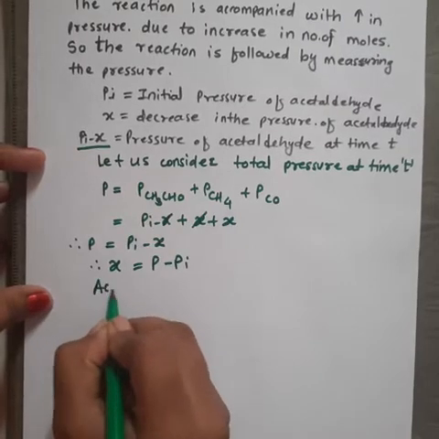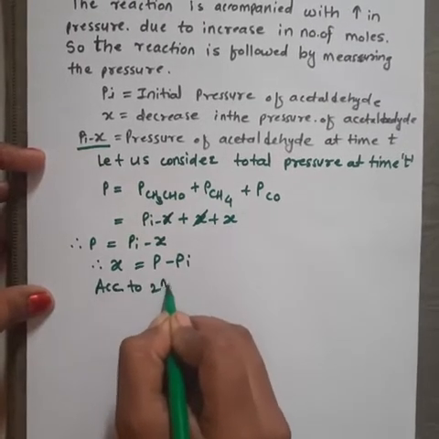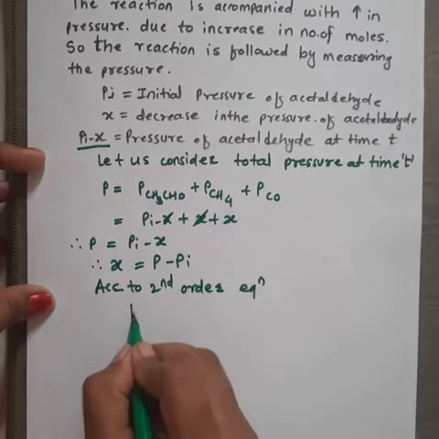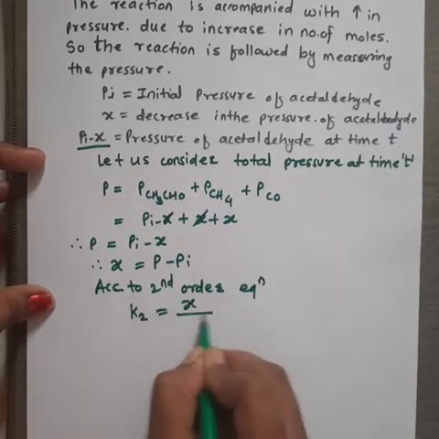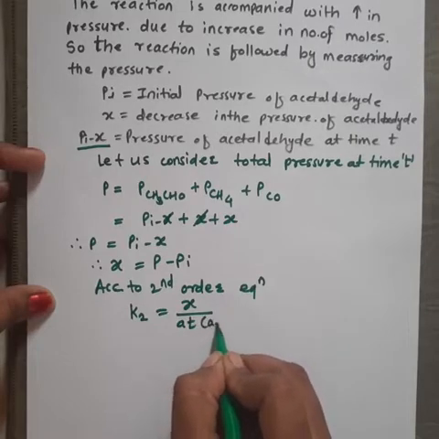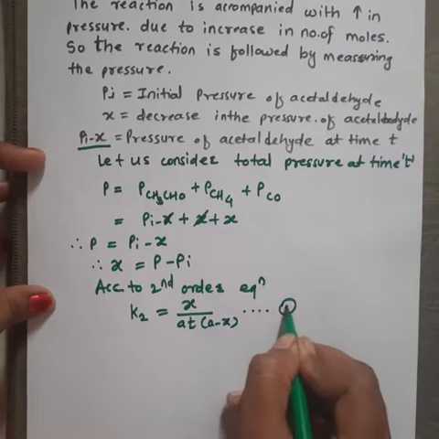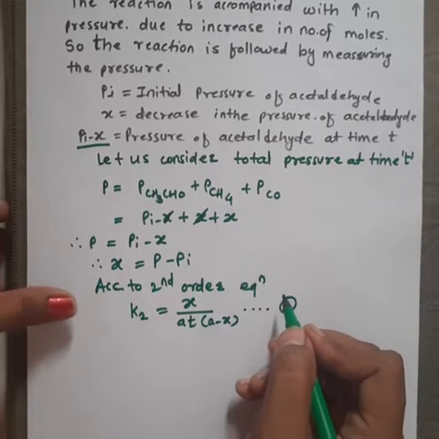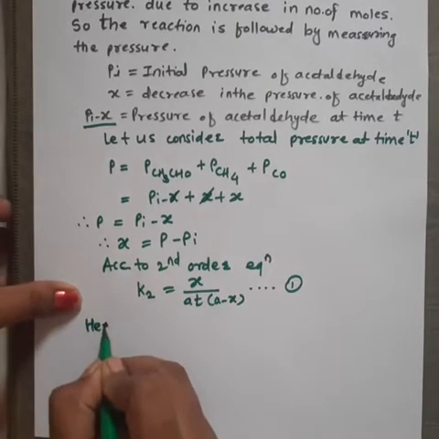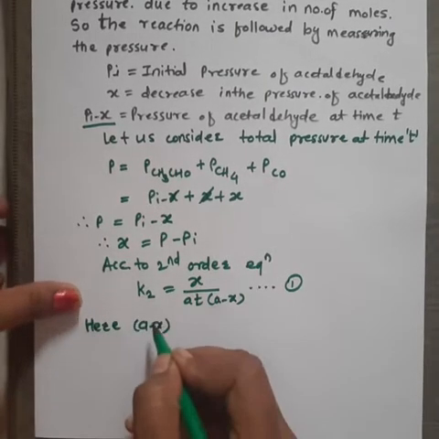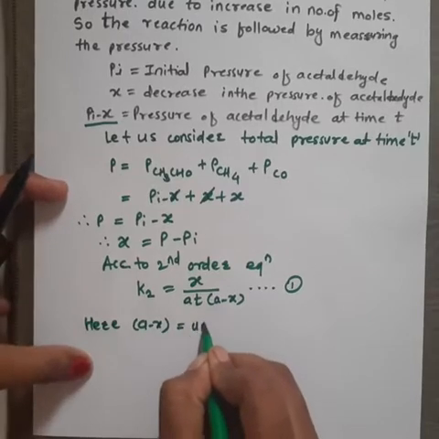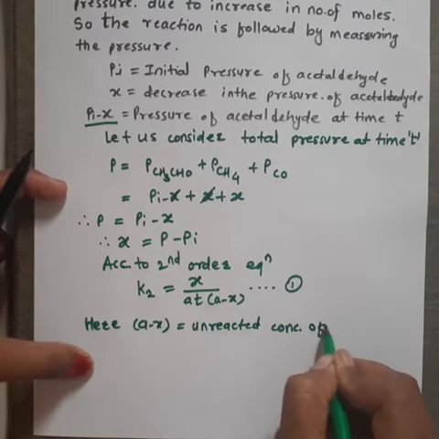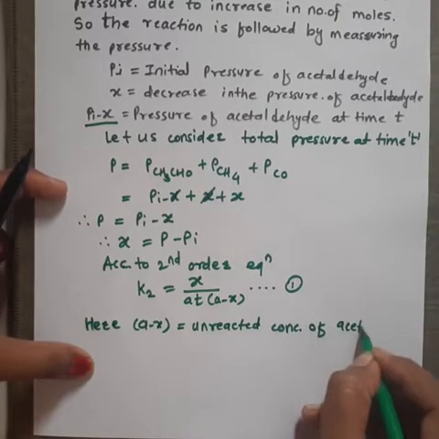And according to the second order equation, what is the equation of second order? K2 is equal to x upon A t into (a minus x). This was equation 1. We have already studied that equation. Here a minus x was the unreacted concentration of acetaldehyde.